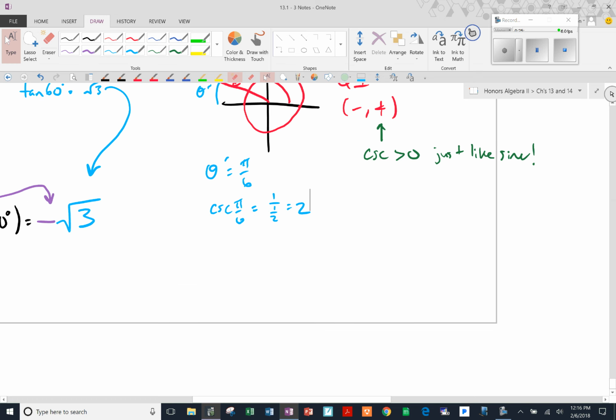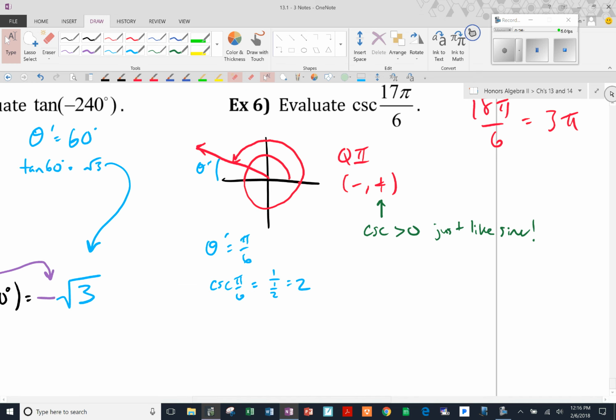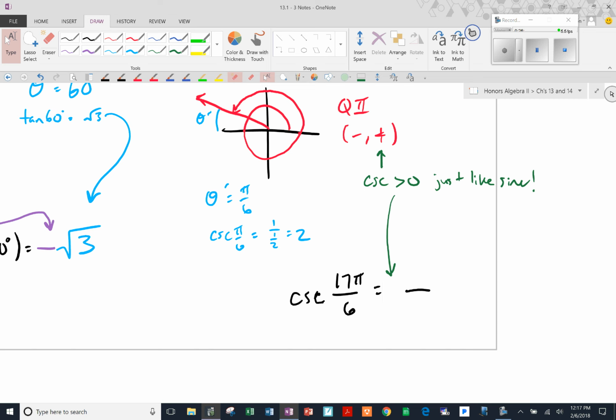So our answer is, I'm going to write the whole thing here, cosecant of 17 pi over 6 is equal to, we don't have to put anything for positive, but I'm just going to put that arrow there to say that's why I don't have a negative sign, cosecant is positive. And then our answer is, I don't need a fraction bar, I just need 2. That's our answer. The answer to this whole problem is 2.